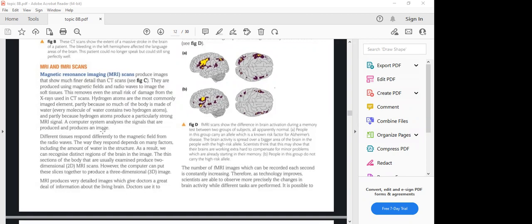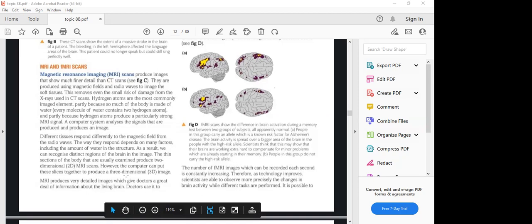A computer system analyzes the signals that are produced and produces an image. Different tissues respond differently to the magnetic field and the radio waves. The way they respond depends on factors including the amount of water in the structure. As a result, we can recognize distinct regions of the brain in the image. Distinct sections of the body are usually examined, producing two-dimensional MRI scans.